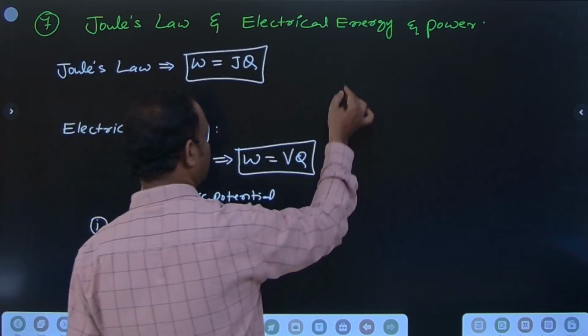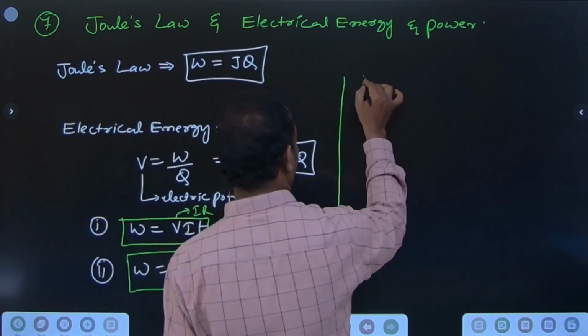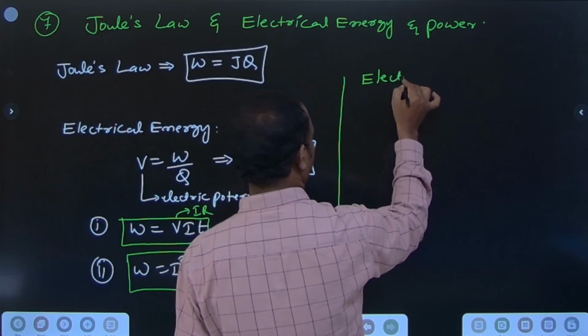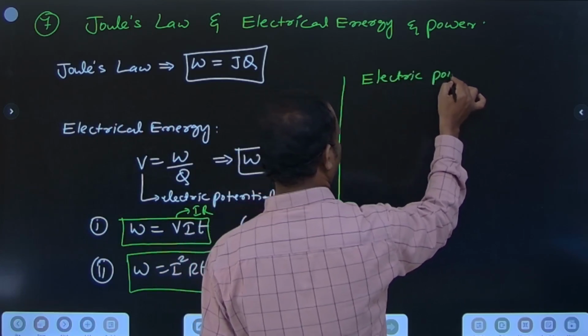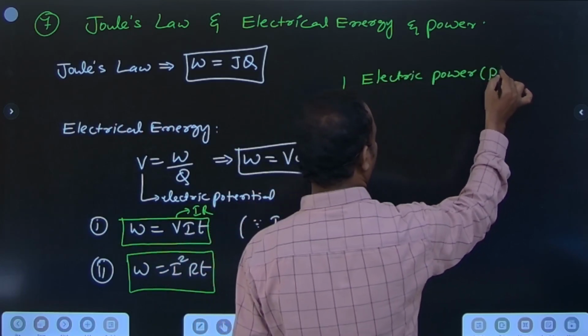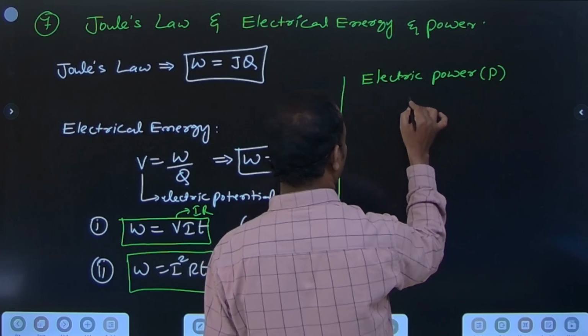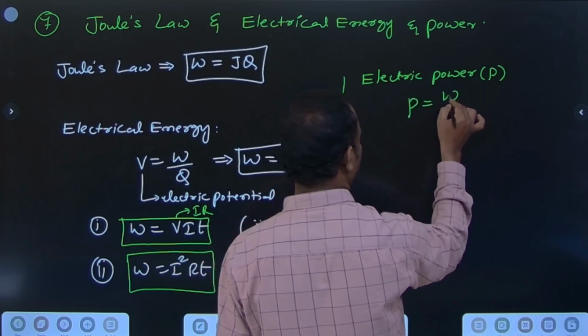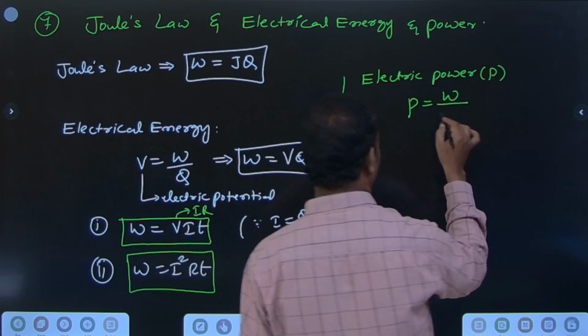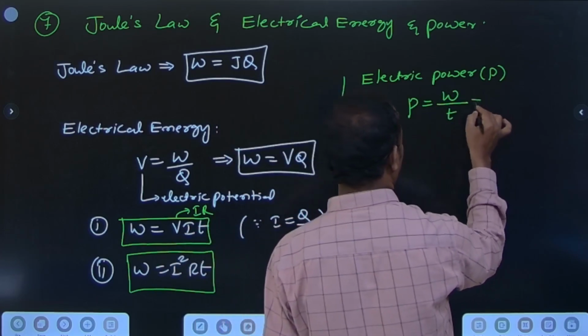Next one is electric power. P is equal to electrical work done per unit time, the rate of electrical work done.